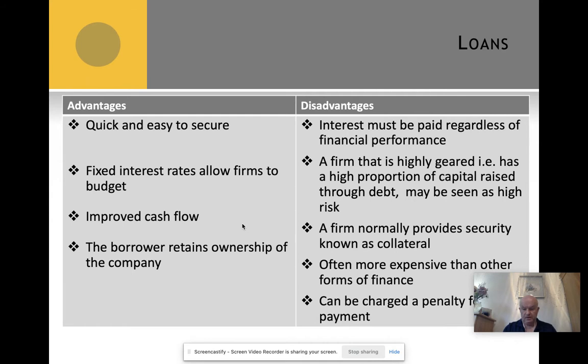Okay. Some disadvantages. Well, in some cases, clearly you've got to pay interest on that particular loan, regardless of how well you're doing as a business. Okay. And one of the things that we talked about previously is that if you as a business choose to borrow quite a lot in comparison to the amount of money that maybe you're investing yourself, that means that you as a business become what's known as highly geared.